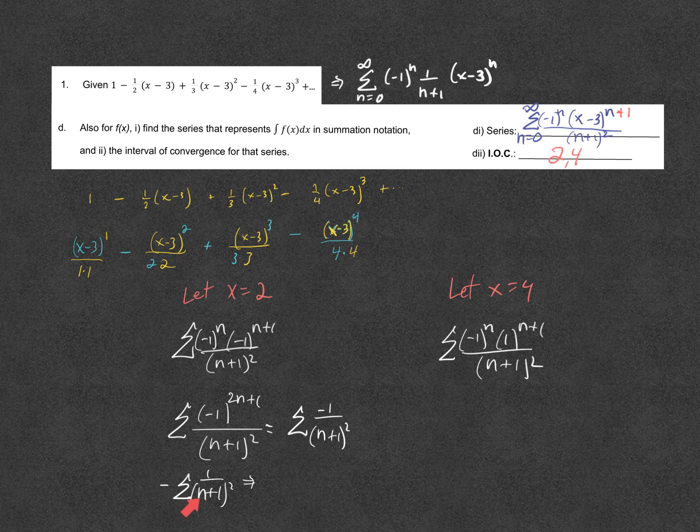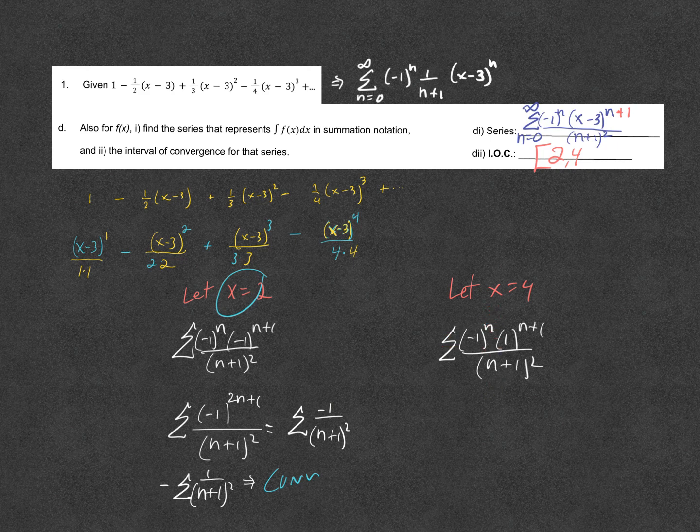Now we could compare this to a p-series, where p is equal to 2, which converges. This isn't a p-series, but we'd compare it to it, and we'd expect it to converge, and it would. This is a converging series. Therefore, we want to include x equals 2. So come on up over here and put a bracket there.